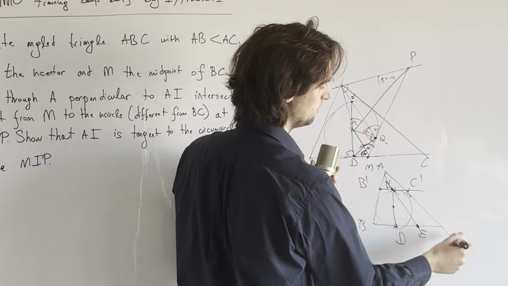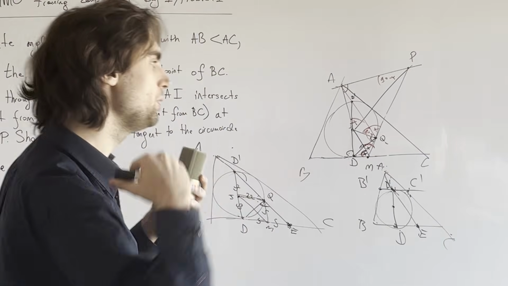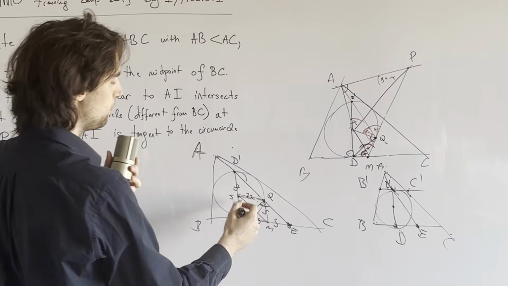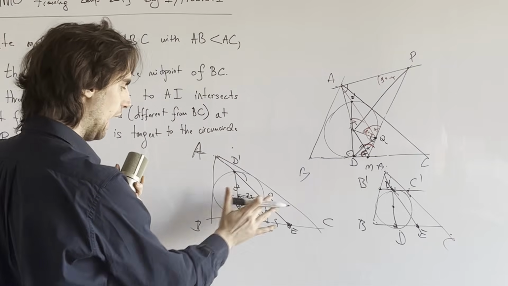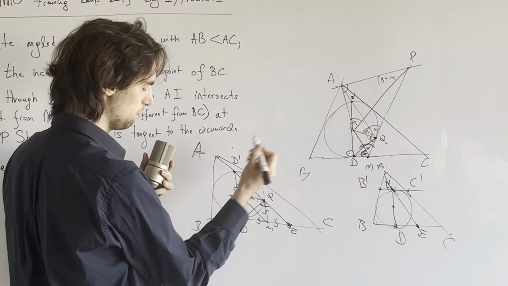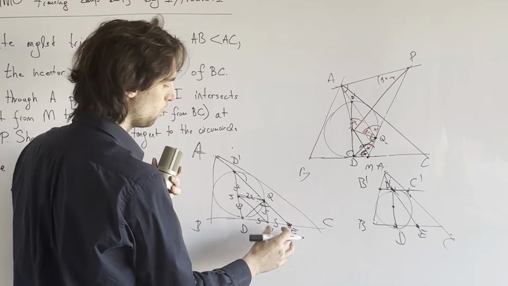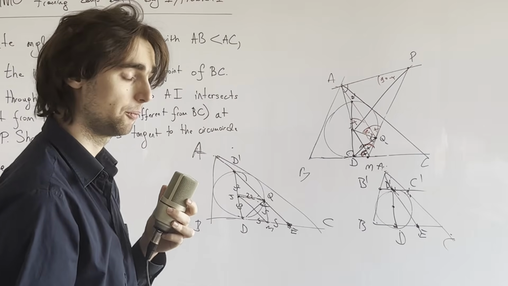Given that A, C prime, C are collinear, that means that A, D prime, E are collinear. And so if we define D prime and then E over here, we'll get that M is the midpoint of ED.